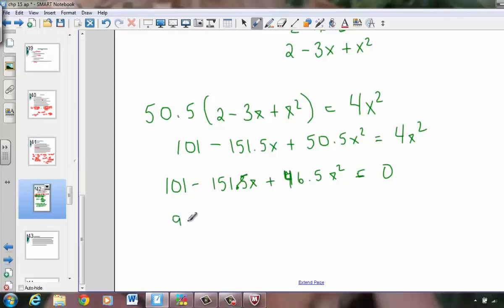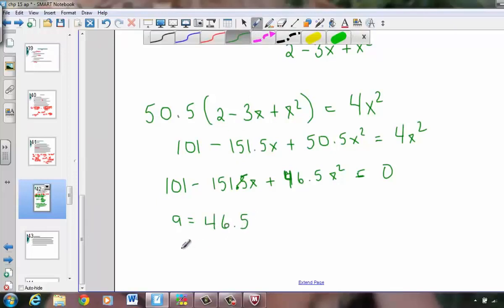Now we have the following. We have an A, which is positive 46.5. The value of B is negative 151.5, and the value of C is positive 101.